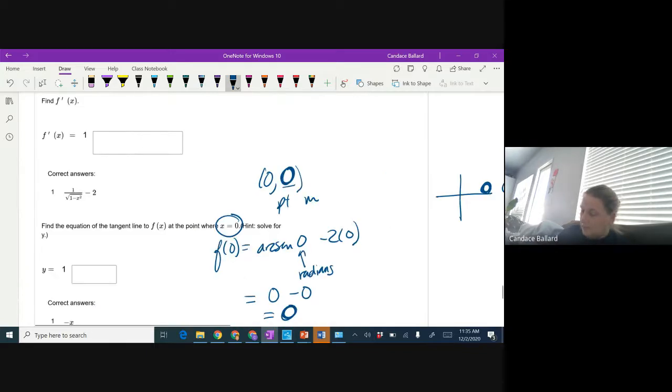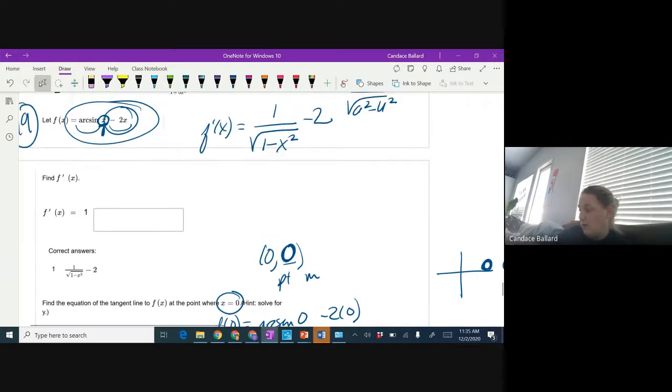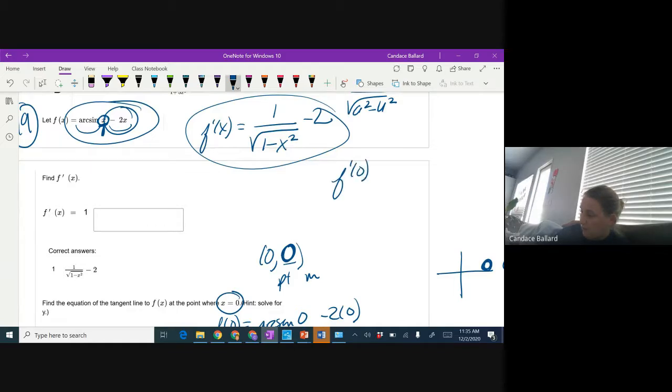And then to get my slope, I'm going to plug into our answer that we got up here. So f prime of 0 equals 1 over the square root of 1 minus 0 squared, minus 2. That's going to be 1 minus 0 is 1, square root of 1 is 1.